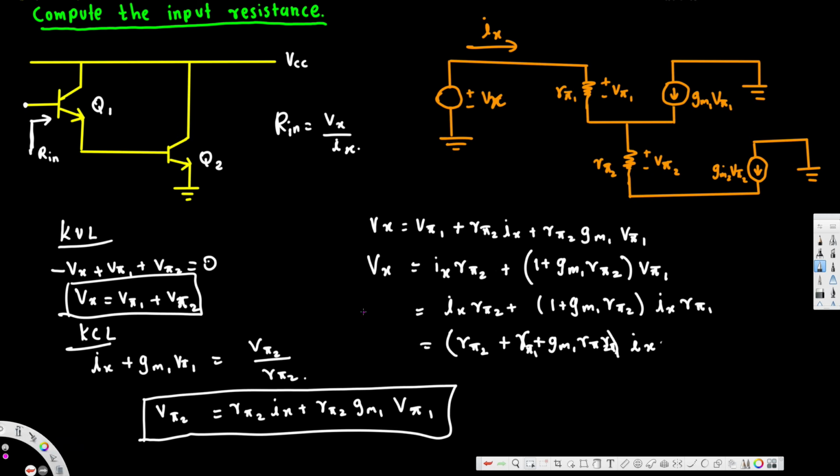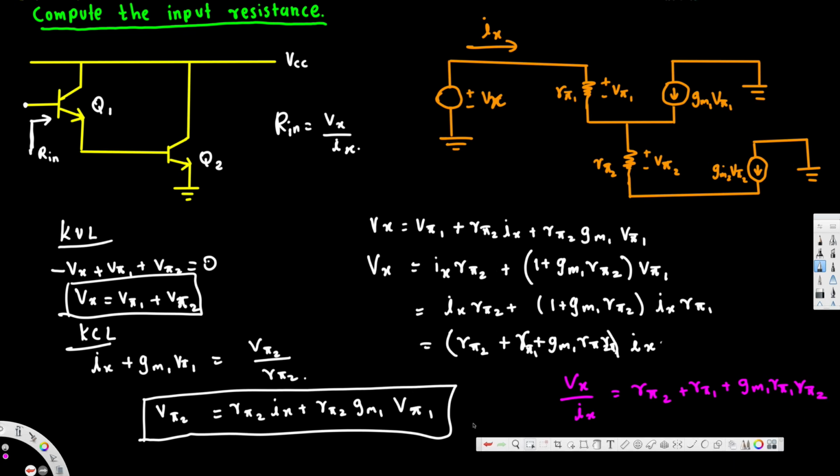So if we rearrange this one, Vx over Ix is equal to R52 plus R51 plus gm1 R51 times R52. Okay, so this is Vx over Ix.